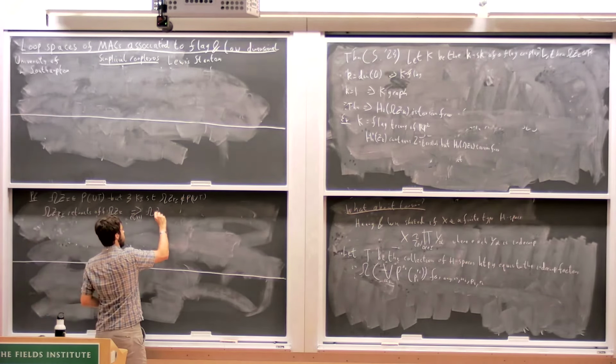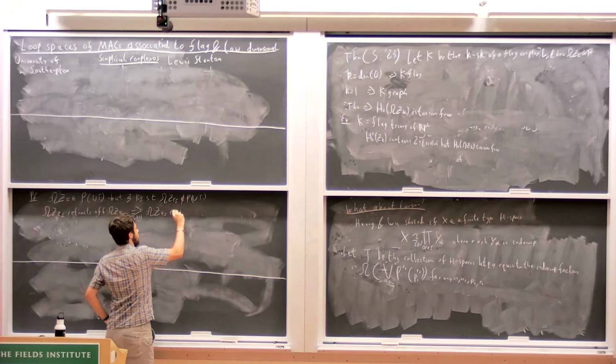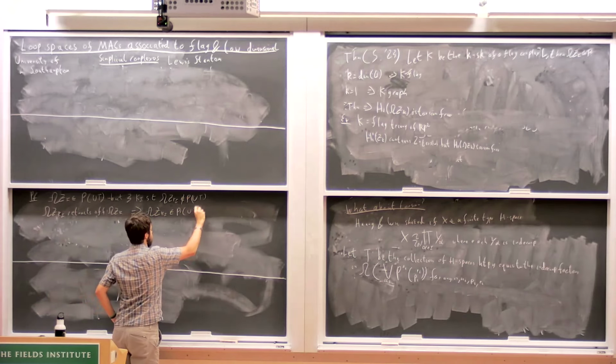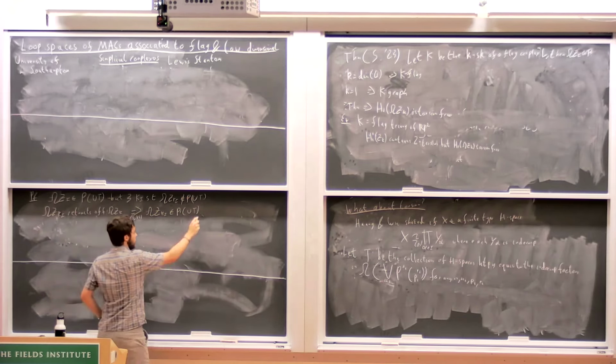So this implies that the loops on Z_{K_i} is in P union T, which is then a contradiction in this case.